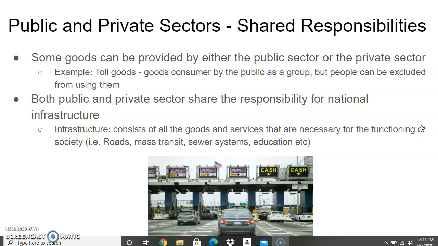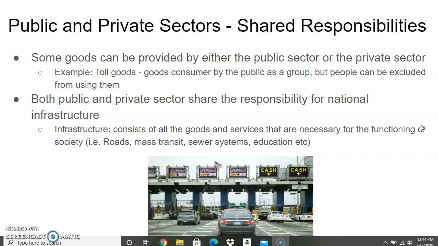Both public and private sectors share the responsibility for national infrastructure. We define infrastructure as consisting of all the goods and services that are necessary for the functioning of society. A lot of times if you hear politicians talking about infrastructure, usually they're mentioning roads and bridges and highways, transit systems and things like that.